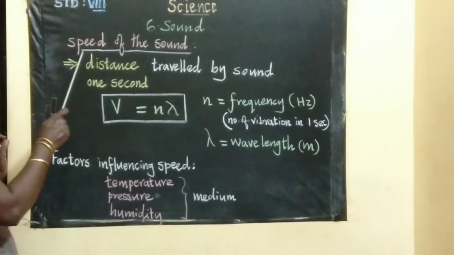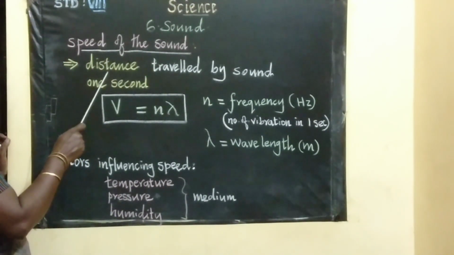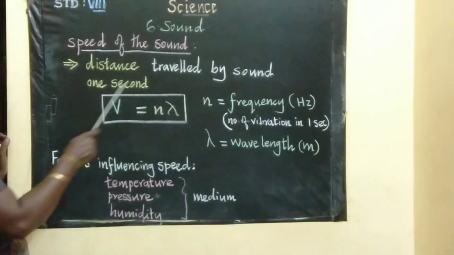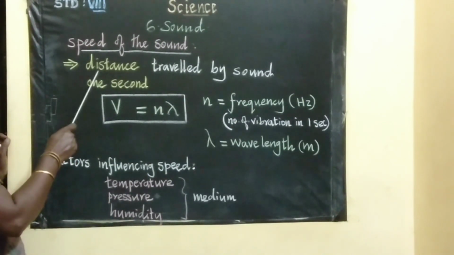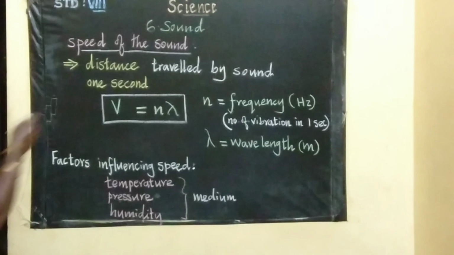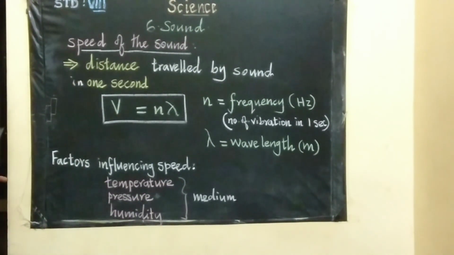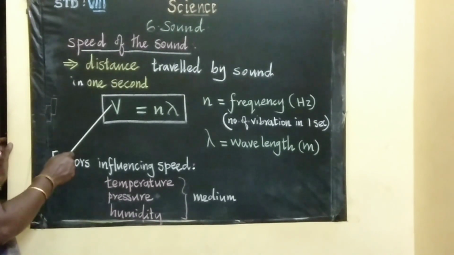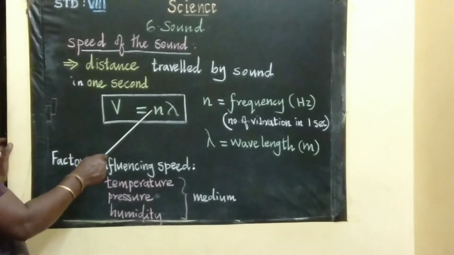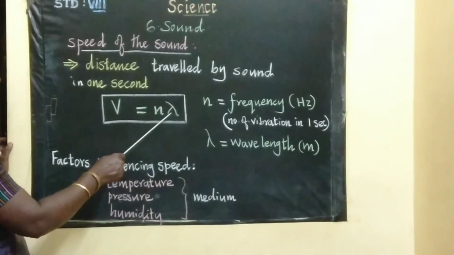Let us see the speed of the sound. The speed of the sound is the distance travelled by sound in 1 second. It can be represented by an equation, that is V = nλ.